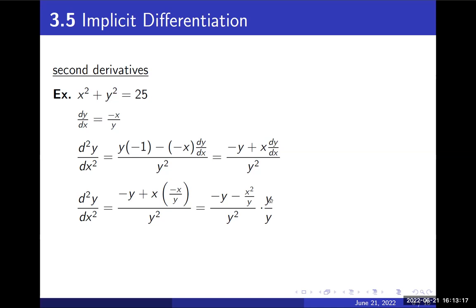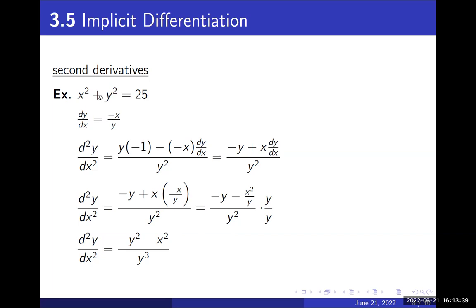If we multiply the numerator by y, this y will distribute to both terms, canceling here, and then we multiply the denominator by y, and there's our simplified second derivative, negative y squared minus x squared all over y cubed.